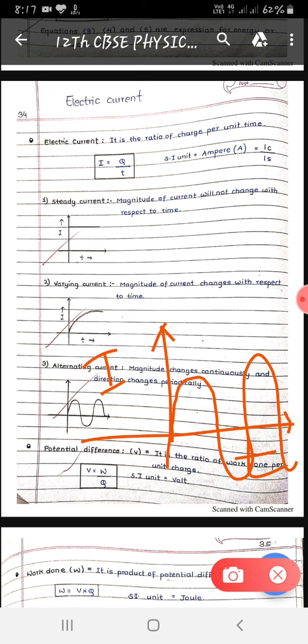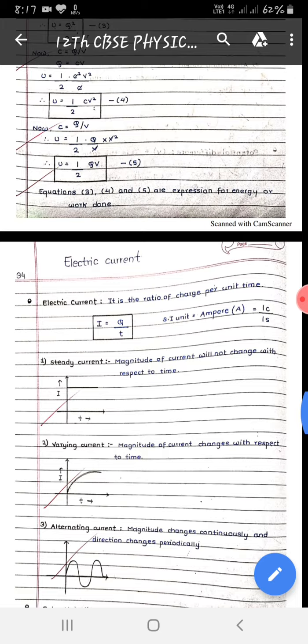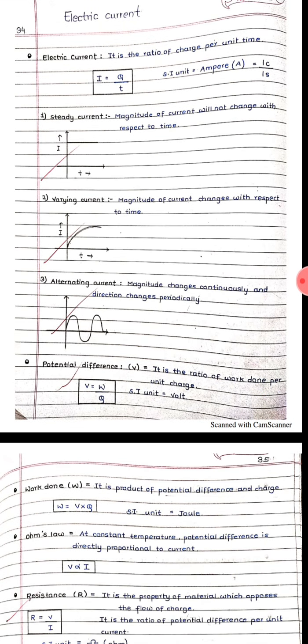But if you see the direction, the first half is positive, the second half negative, then the third half again positive, then the fourth half again negative. So the magnitude changes continuously, meaning the current is not constant at any particular moment, and the direction changes periodically. Such current is called alternating current, that is AC current. I hope I am very clear with all three types of electric current.